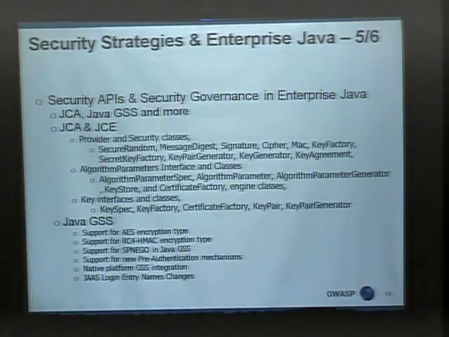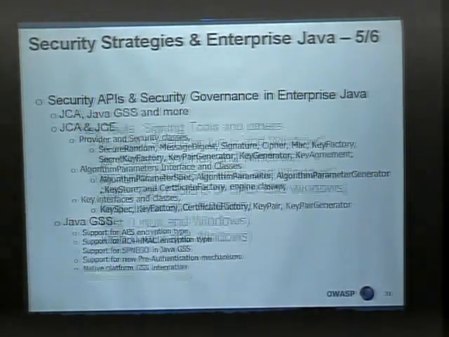Key interfaces and classes will help you in creating appropriate keys and so on and so forth. And of course, as Abhay was mentioning, Java GSS is going to take care of support for the variety of types of encryption that is demanded by the industry.